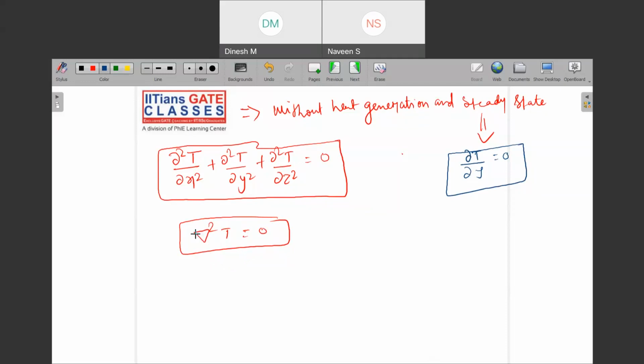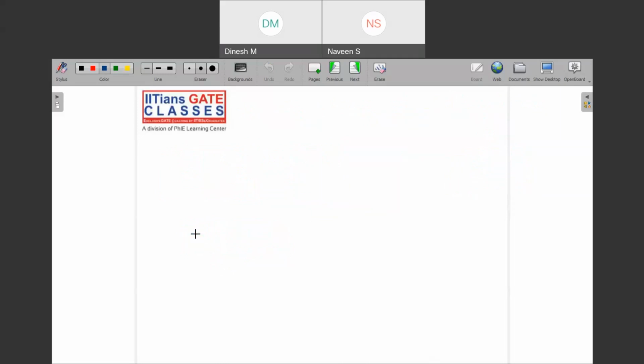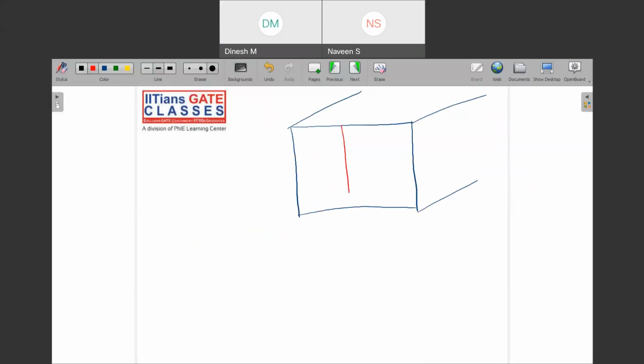Now let us say that sometimes they will give you a case that is not 3D. There can be instances where they say I am not worried about the 3D case, I am only worried about the temperature distribution when I am working with a slab. This slab has one strip, and with respect to this you have analyzed.